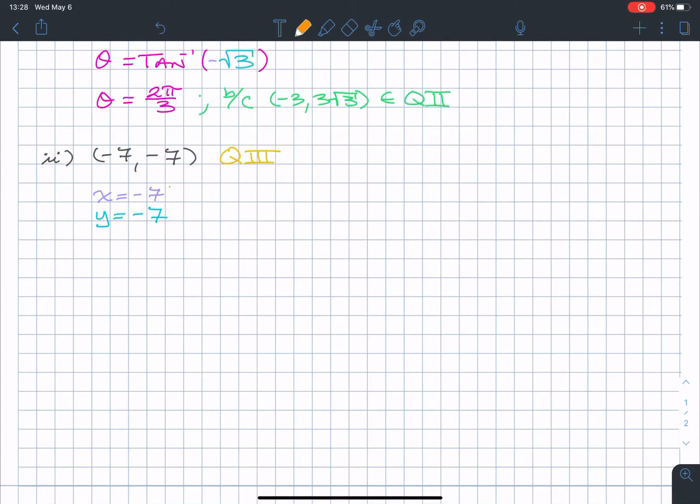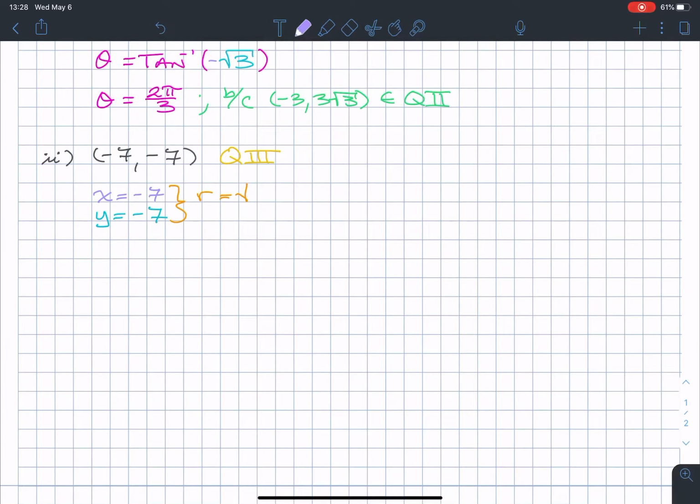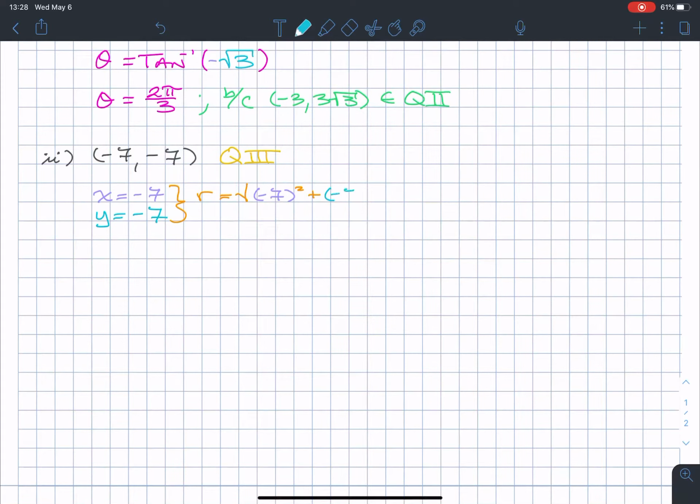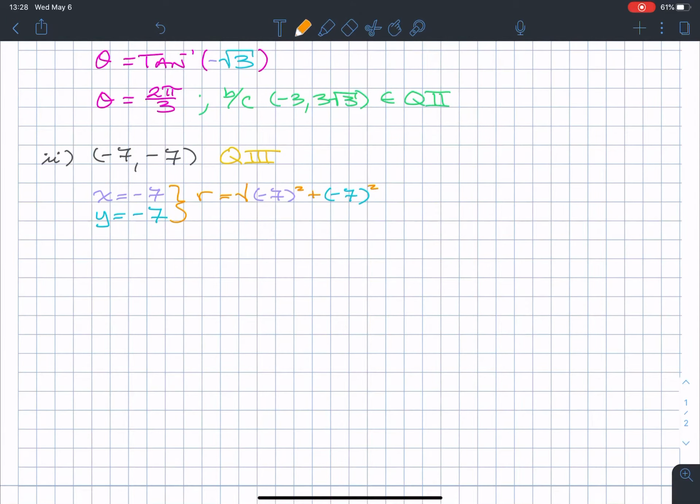So the radius will be the square root of quantity -7 squared plus quantity -7 squared, or 2 times 7 squared. Therefore the radius will be 7 times the square root of 2.